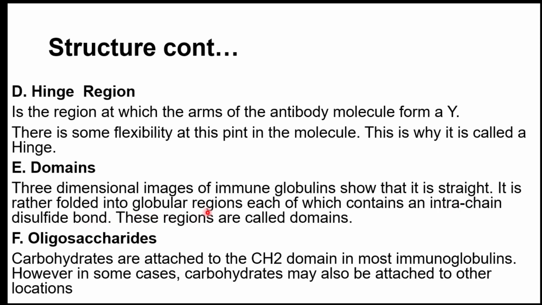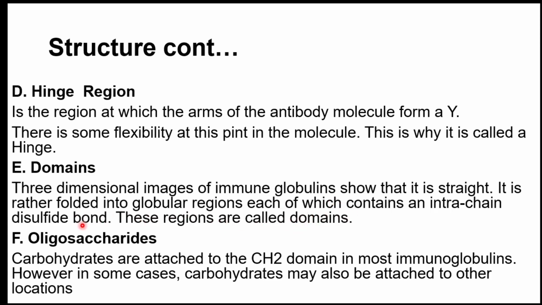So these regions are called domains. So when you just look at it from a distance, you may see that they are straight, but they are not. The polypeptide chains have globular regions, and each contains an intra-chain disulfide bond. So these regions are called the domains.